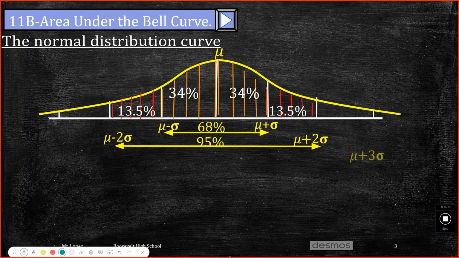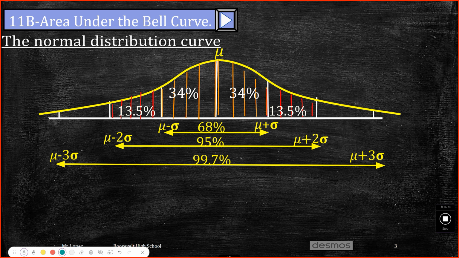Like a radio station, 97.5? No! I knew I was wrong. 99.7% of people are within 3 standard deviations of the mean.